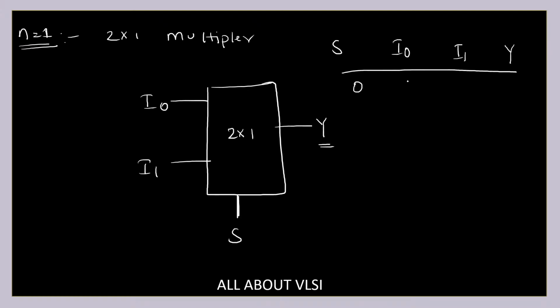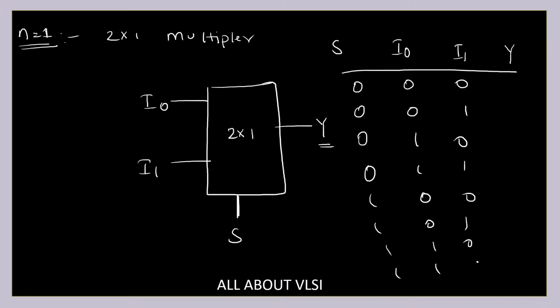So I have a total of 8 combinations over here: 0 0 0, 0 0 1, 0 1 0, 0 1 1, 1 0 0, 1 0 1, 1 1 0, and 1 1 1. Over here, I'm going to get y equal to 0, because if the select line is equal to 0, you're going to select your I0. This is my I0 which is being selected.